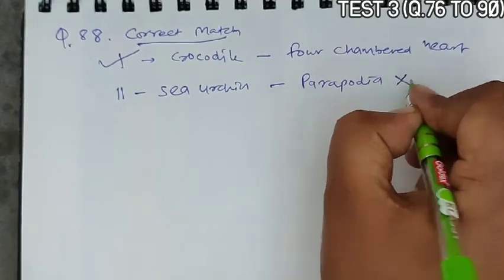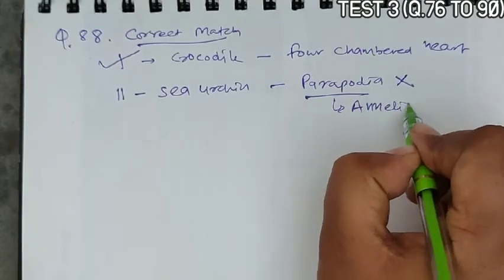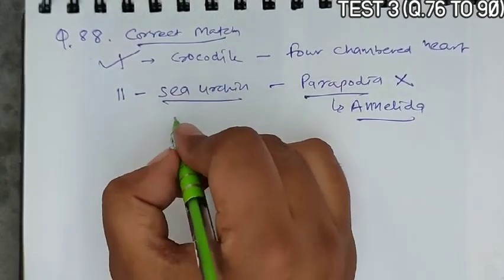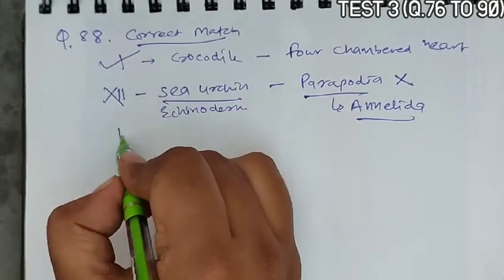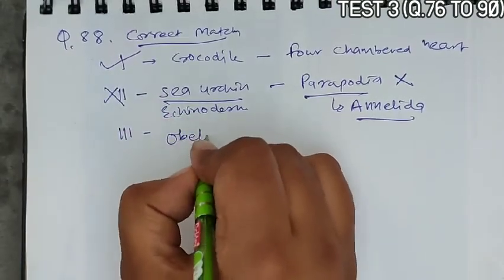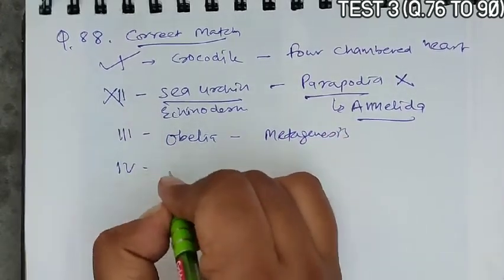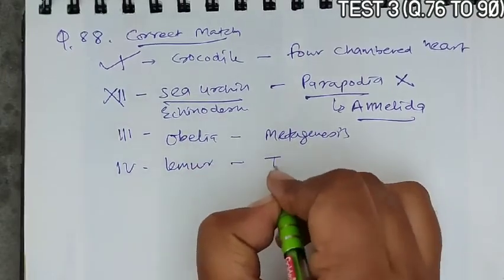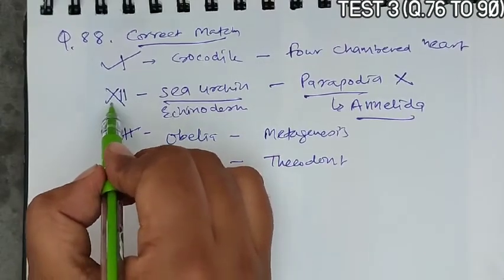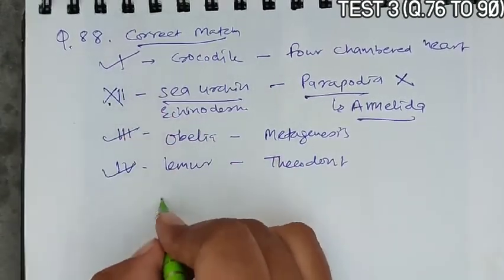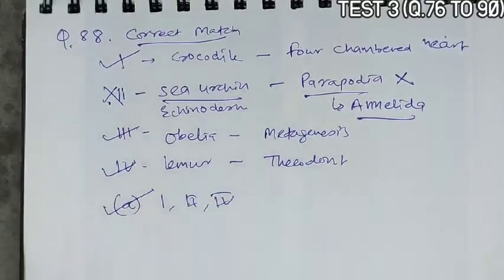Now parapodia are not found in sea urchin because parapodia are found in Annelida and sea urchin is an echinoderm. So this is an incorrect match. Option 3 is Obelia, and Obelia has metagenesis, and fourth, lemur has thecodont. So these are also correct. So according to these, options 1, 3 and 4 are correct, and A is correctly set for this.